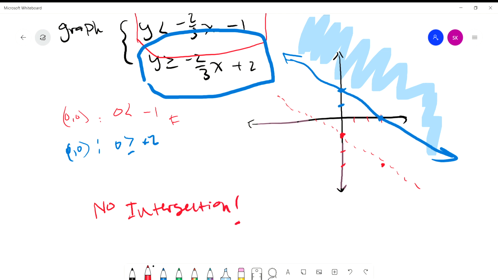And if there's no intersection of those areas, then there is no solution. And that's really it. Those are the inequalities that you'll see. It's kind of a short, quick little section. So anyway, there you go.